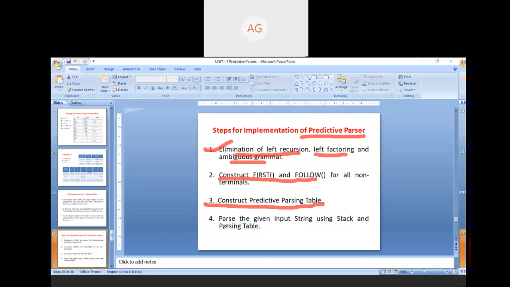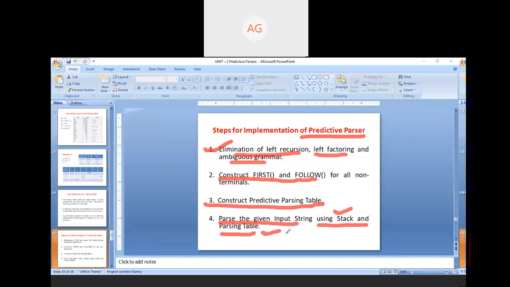After that, if we need to parse the given input string, it can be parsed using the stack and the parsing table. Sometimes you are asked to parse the given input string based on the LL1 parsing table. Only then can you parse the given string with the use of the stack and parsing table.